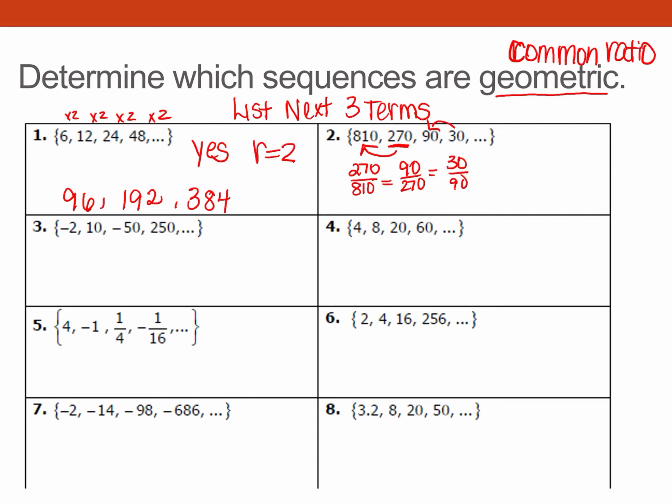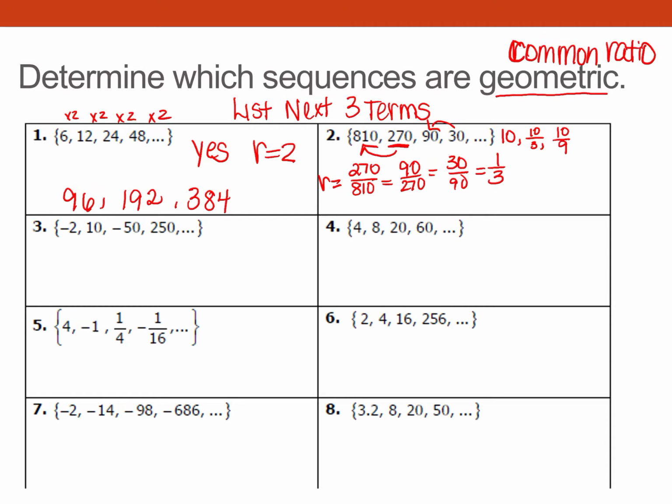It has to follow the same pattern all the way across. If we do that, our common ratio is 1 over 3. The next 3 numbers in our sequence would be 10, 10 over 3, and then 10 over 9.